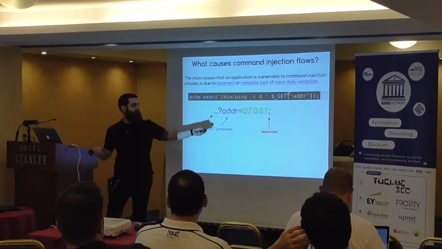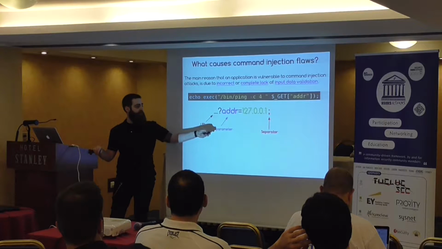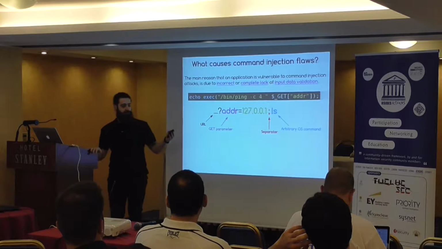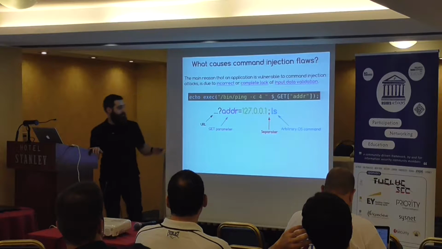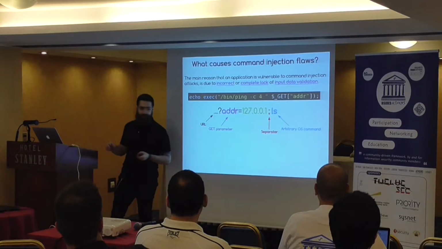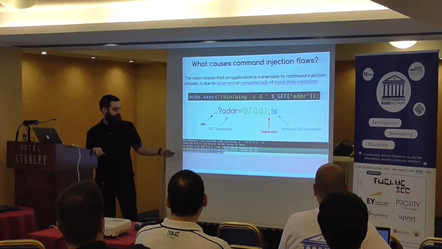As you can see here, there is not any input data validation, which means that if someone puts a separator, let's say the semicolon separator, and after that another operating system command, such as the ls command, both of them, the ls command and the ping command, will be executed one after the other, exactly like the following system said, right?